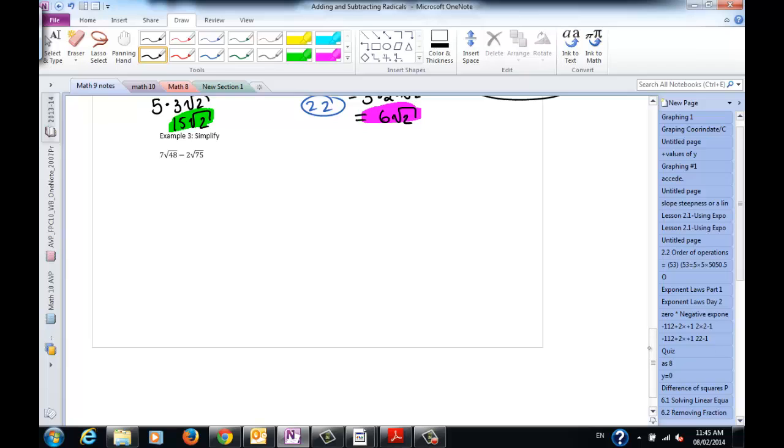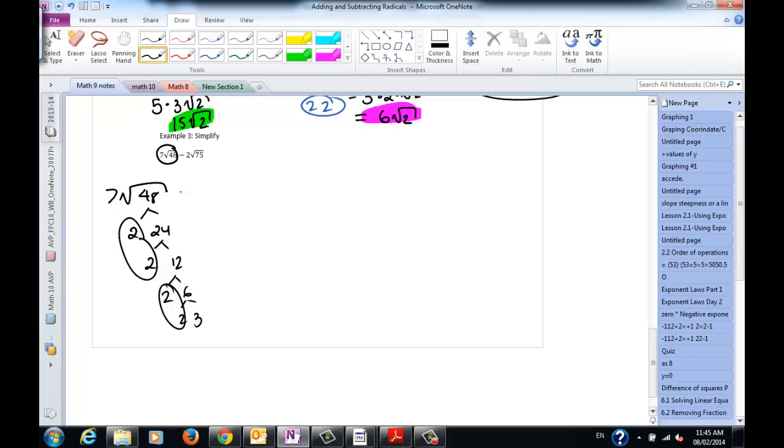All right, so I have 7 multiplied by the square root of 48 minus 2 multiplied by the square root of 75. So I'm going to simplify them individually. So if I simplify 7 root 48 first, 2 and 24, 2 and 12, 2 and 6, 2 and 3. It's a square root, so I'm looking for pairs.